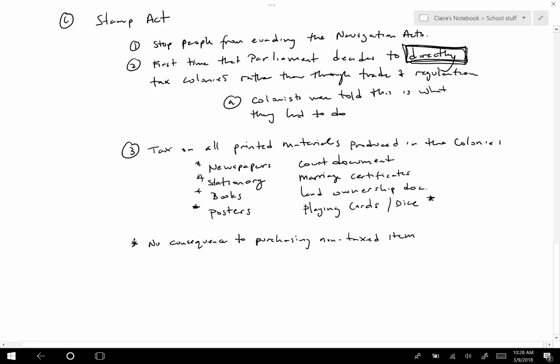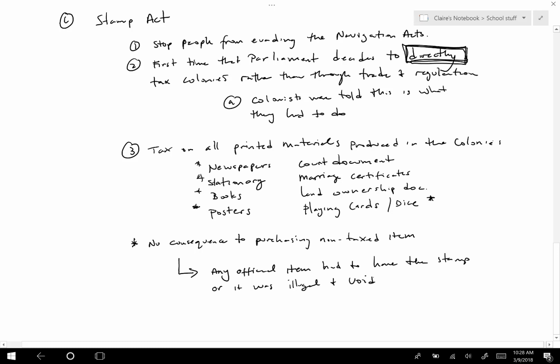But any official item, such as the court documents, marriage certificates, etc., had to have the stamp, or it was illegal and void.